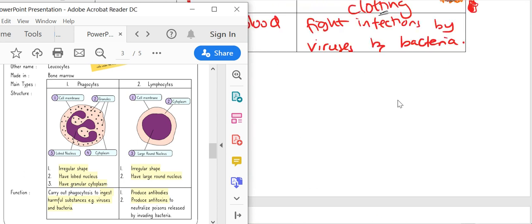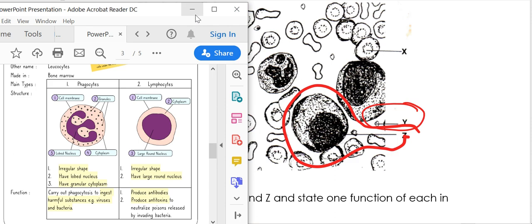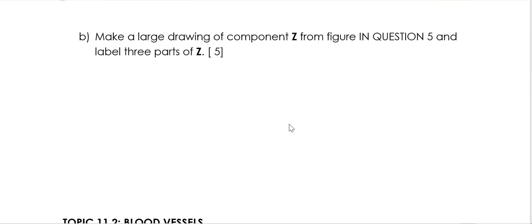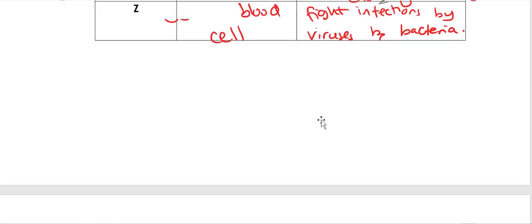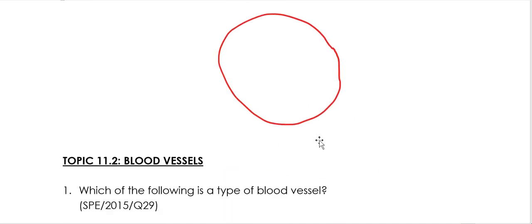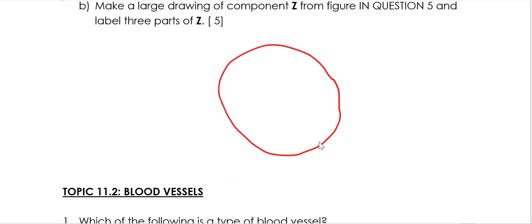You follow that kind of shape, circular like that. So I would draw it like this. And then you draw where the nucleus is, so it's more to the bottom. Like this, just as accurate as you can.